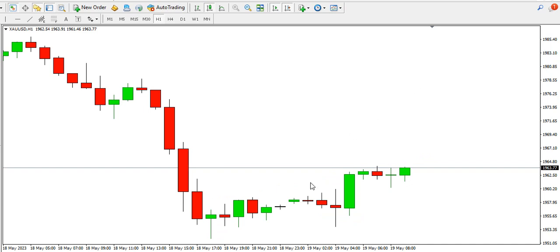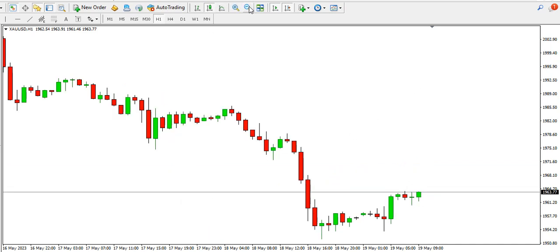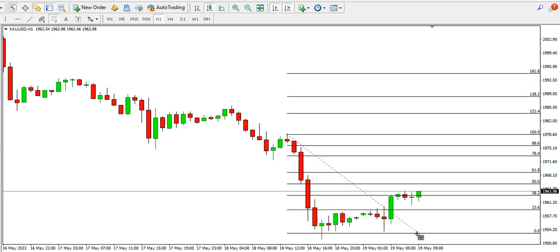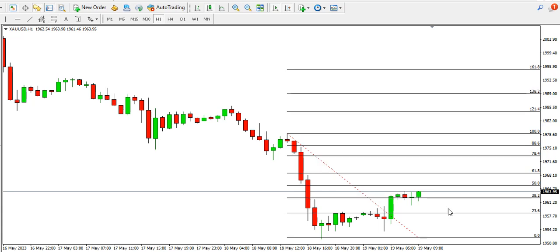How far will price go? Let's use our Fibonacci retracement. Looking at the retracement from this high to this low, price has already gone past the 38.2% Fibonacci level.